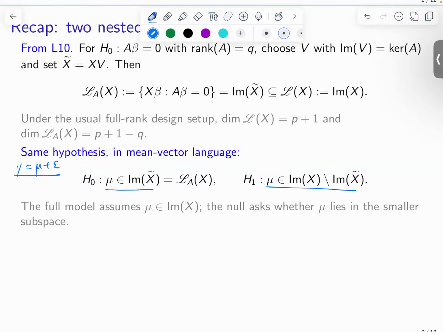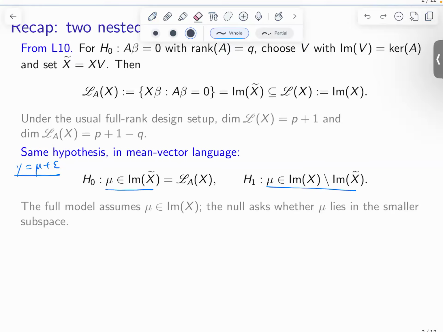So this is like saying it's in the image of x, but not in the image of x tilde. It's the part of the image of x that's not included in the image of x tilde. So this is a geometric way of expressing that hypothesis. We are writing in terms of mu instead of in terms of beta.